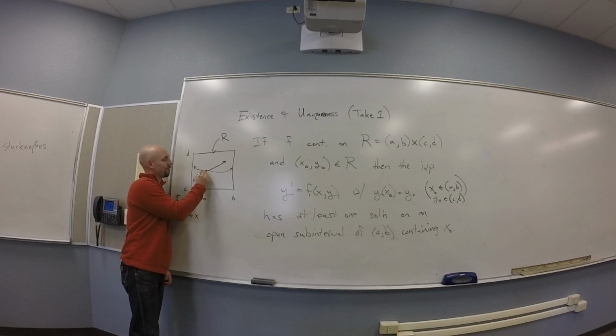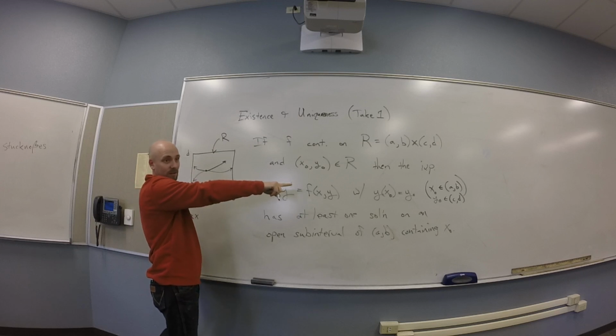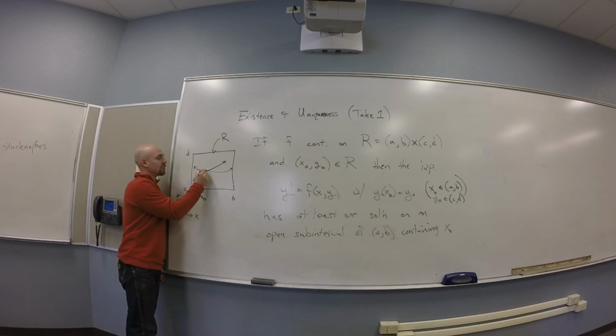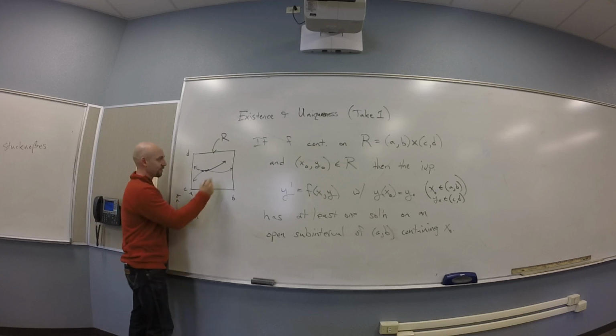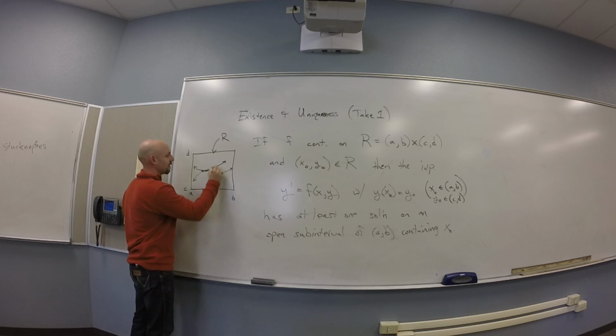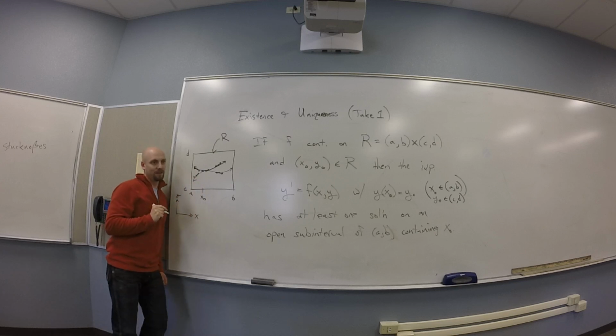Right here at that initial condition point, x not, y not, there's a slope that's given by this. There's also a bunch of slopes given in a bunch of other places. Like here, the slope is this. Up here, the slope is this. Down here, back here, over here, it's this.